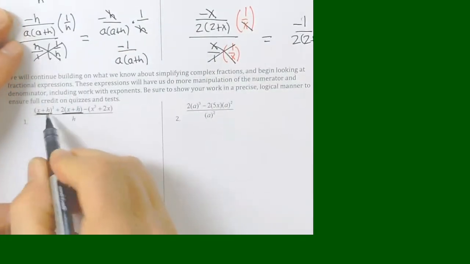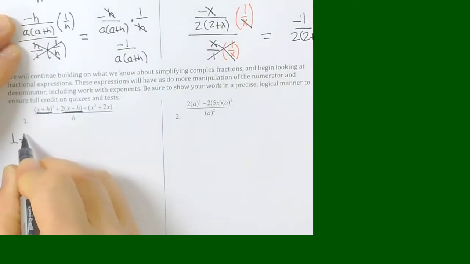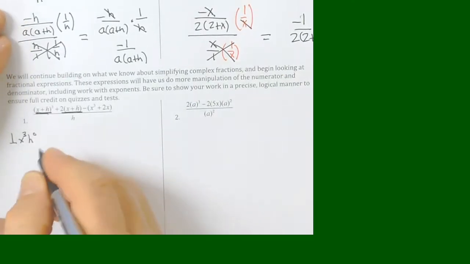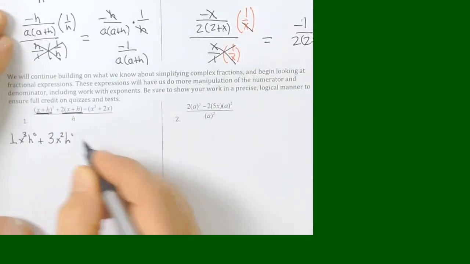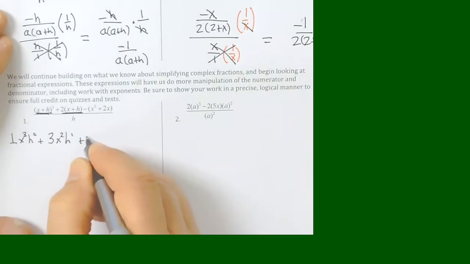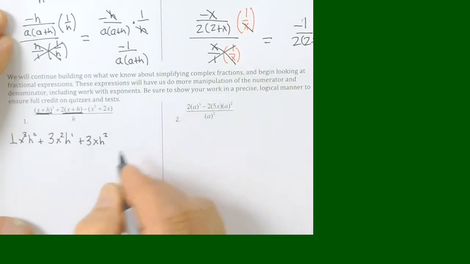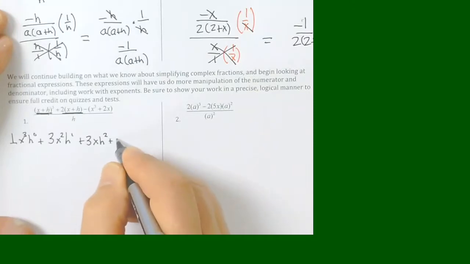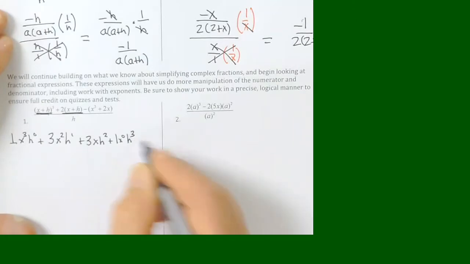X plus h cubed: 1 x cubed h to the 0, plus 3 x squared h to the first, plus 3 x h squared, plus 1 x to the 0 h cubed.